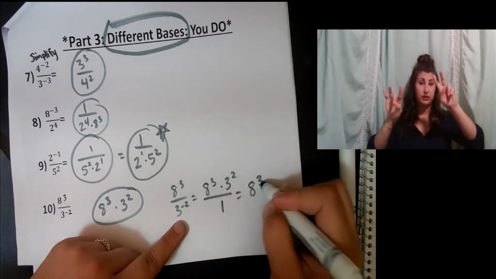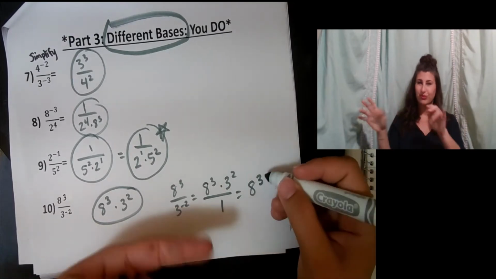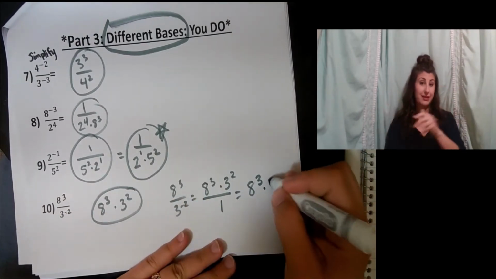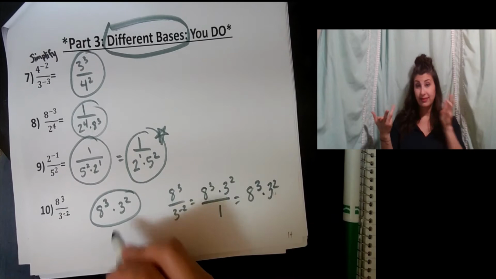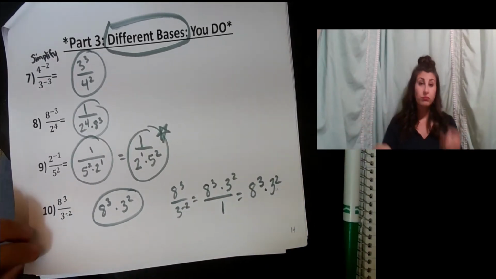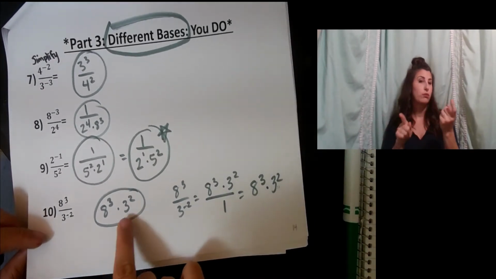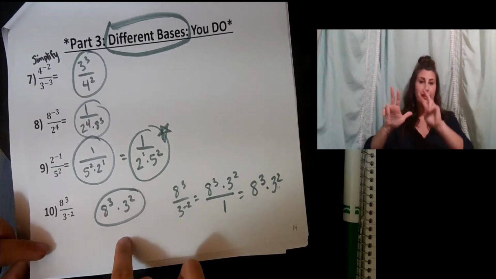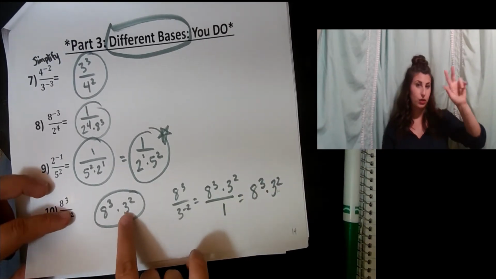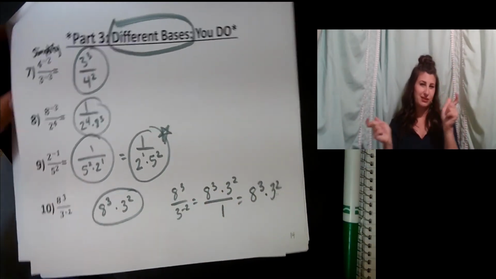It's the same thing as saying 8 cubed. 8 to the 3rd is 8 cubed times 3 squared, and that's the same answer as that one. If you wanted to write it more properly, you would write 3 squared times 8 cubed because 3 is a smaller base.